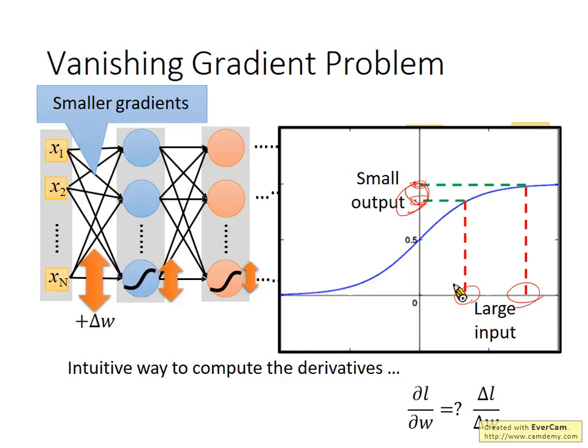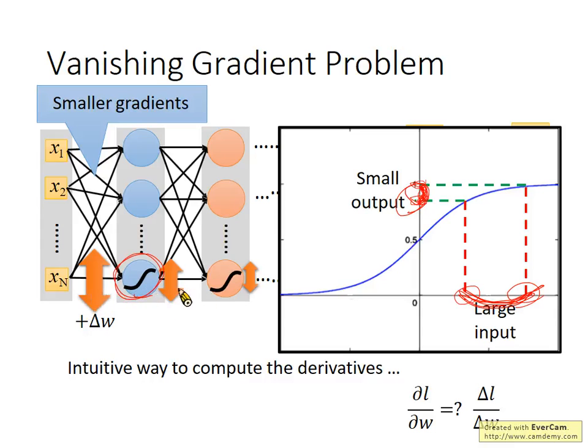This is the characteristic of the sigmoid function. Even if we have large data differences, we map them into a small range of difference at the output. So when we use the sigmoid activation function, we actually compress or reduce the influence of data differences.